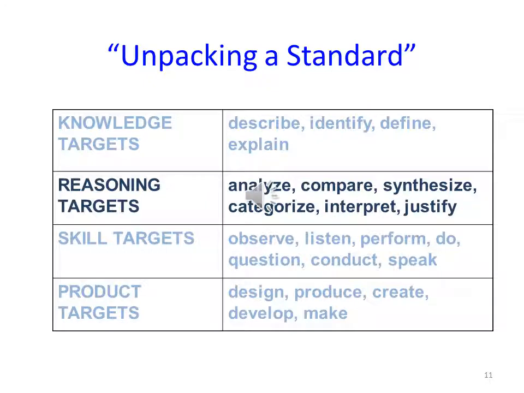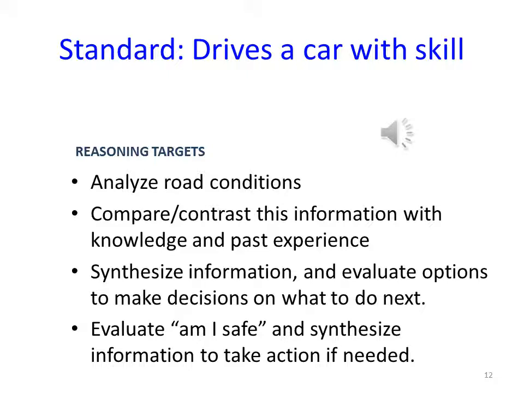As we continue to unpack our standard, what are the reasoning targets that are part of our standard? If I'm going to drive a car with skill, some of the reasoning targets that may be included are my ability to analyze road conditions, to compare and contrast this information with knowledge and past experiences, to synthesize information and evaluate options to make a decision on what to do next while I'm driving.